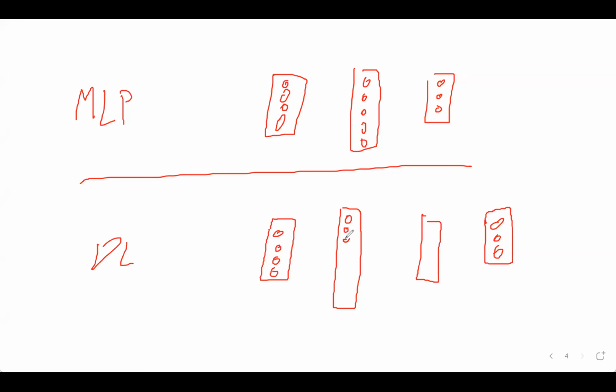So this is 2, 3, 4, 5, 6, 7, 8, 9, 10, 11, 12, 13, 14, 15. That's what that means. 1 layer with 15 neurons. And this one is 9, I think it was, right? Yep. So 1, 2, 3, 4, 5, 6, 7, 8, 9. What does that translate to?